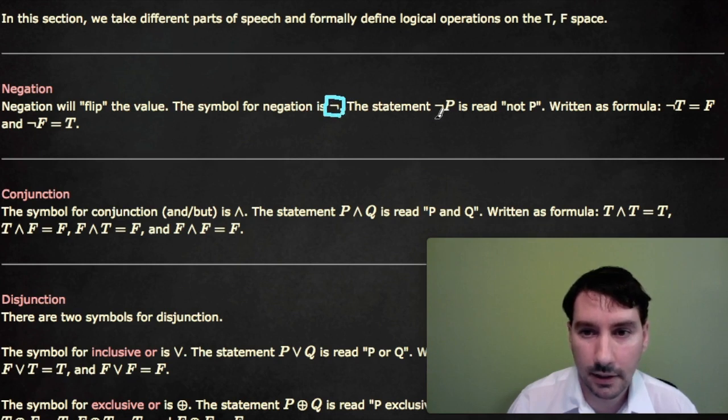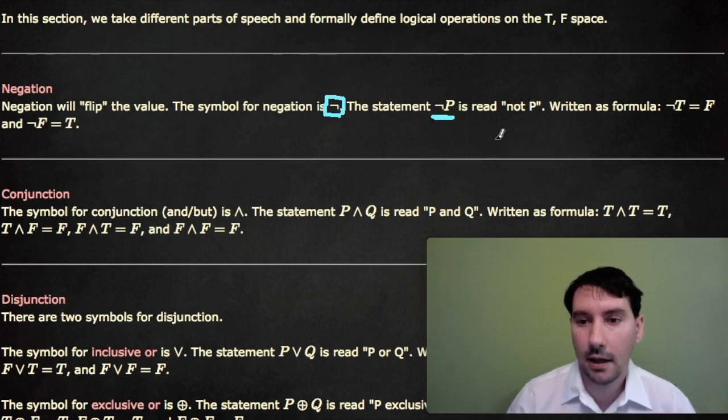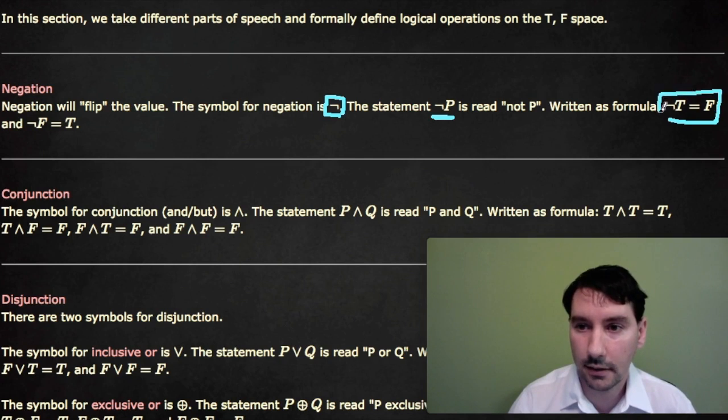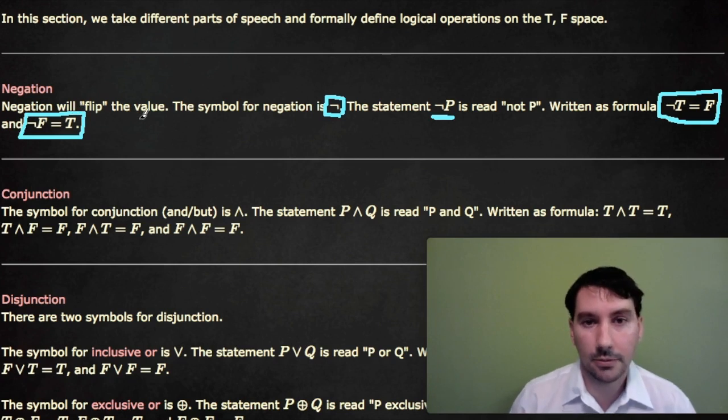And we would write it as the bar in front of the statement. So this is read not P. And as a formula, we can compute it on all possible values in the space, all two of them. So not true is false, and not false is true. So that's our negation operator in the space of logic.